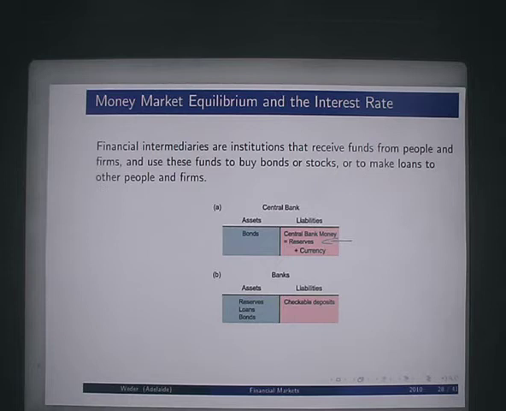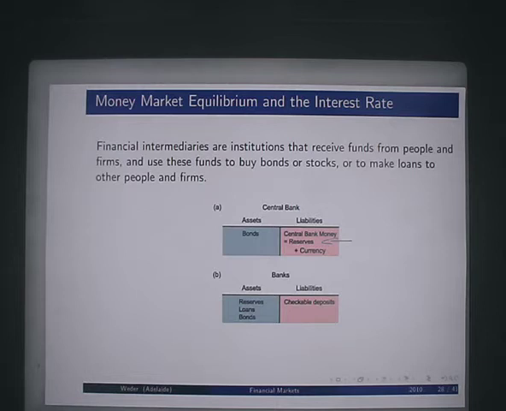So basically, the private banks have on their asset side the bonds that they have, the loans they give to all of us, and the reserves. So that's part of the central bank created money that doesn't sit around with us. Okay.